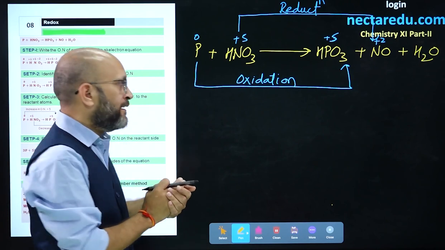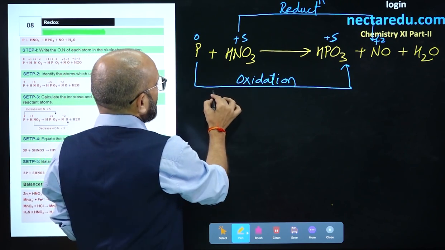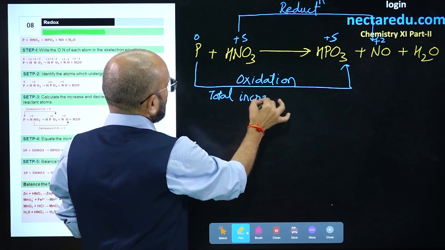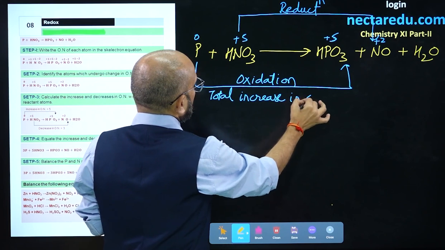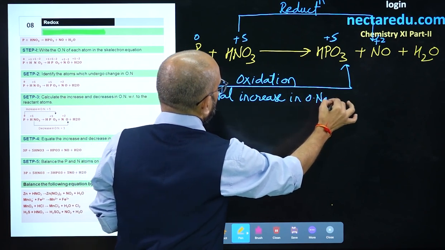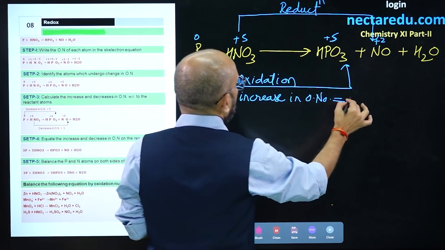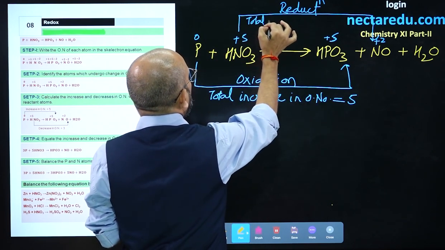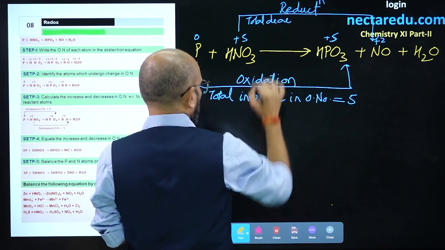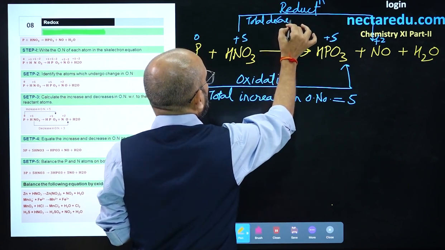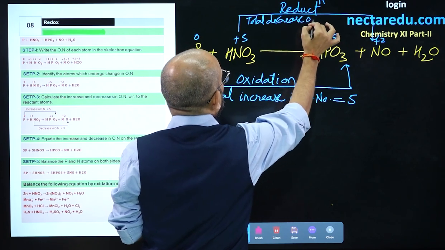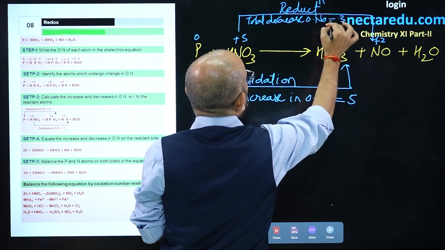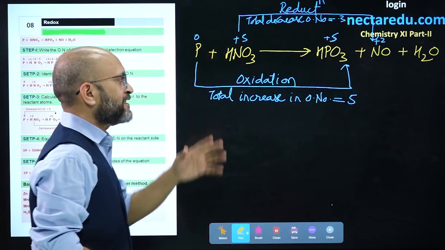So first of all, let's see the total increase in oxidation number, which equals 5, and the total decrease in oxidation number is from plus 5 to plus 2, that is 3 units. So decrease is 3 units and increase is 5 units.